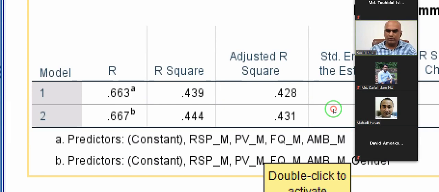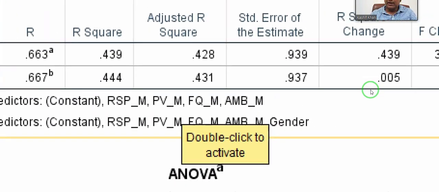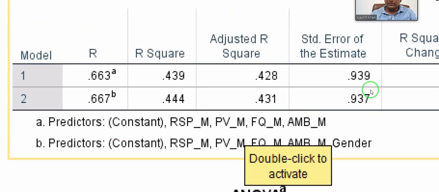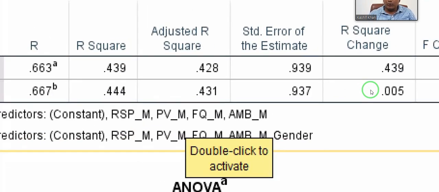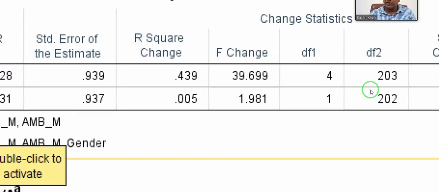So now it's showing me model 1, and see that model 1 has the same variables, and model 2 has gender as well. So I need to check the R value, 66.3. We are saying that these four variables altogether explain 66.3% of the dependent variable. That's a significant one; the F value is significant.